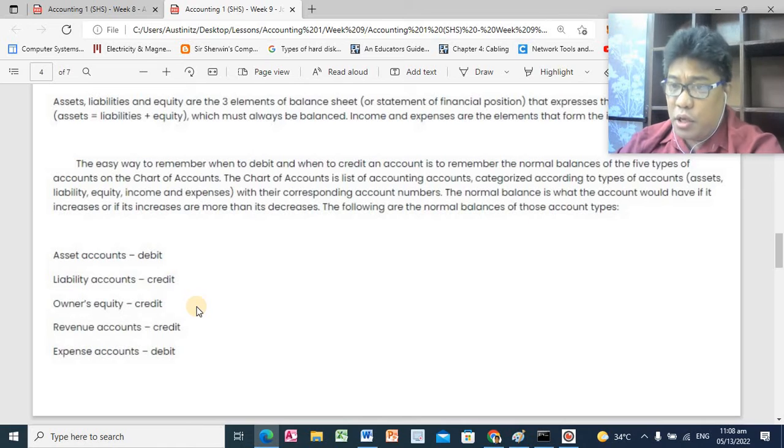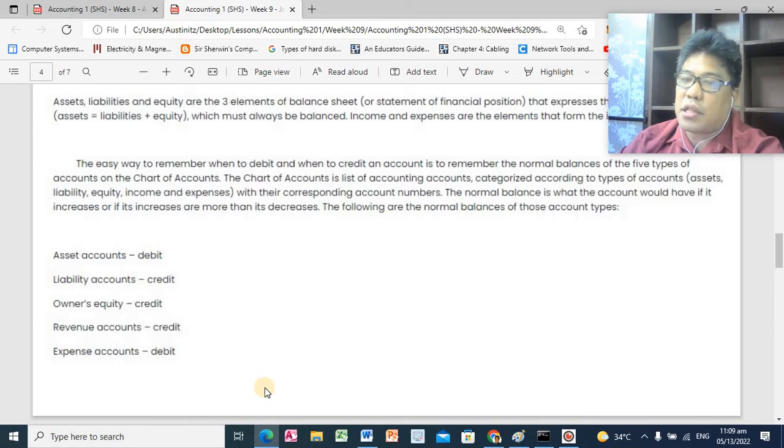Income, an increase will be entered on the credit side, but a decrease in income will be entered on the debit side. And last but not least, we have expense. When there is an increase in expense, that will be debit, but a decrease in expense will be on the credit side.